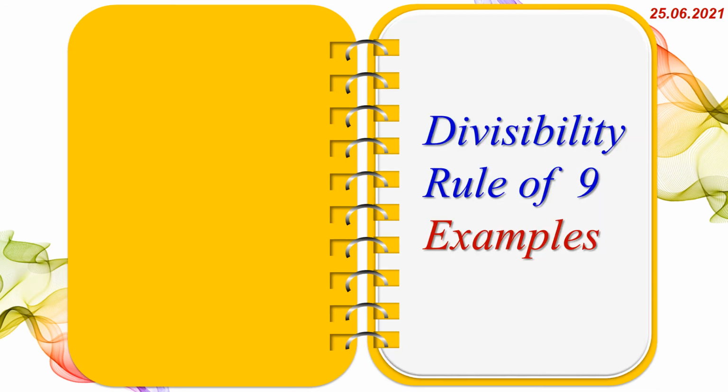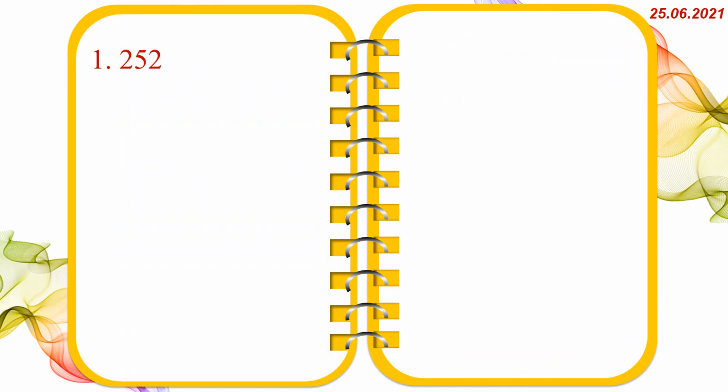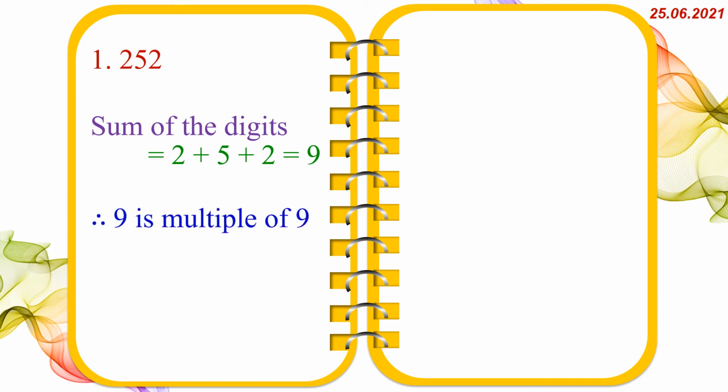Let us see the examples. The given number is 252. Now we want to find the sum of the digits. Sum of the digits equals 2 plus 5 plus 2 equals 9. 9 is a multiple of 9.